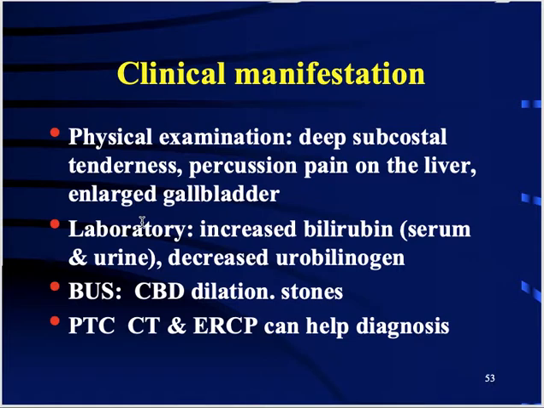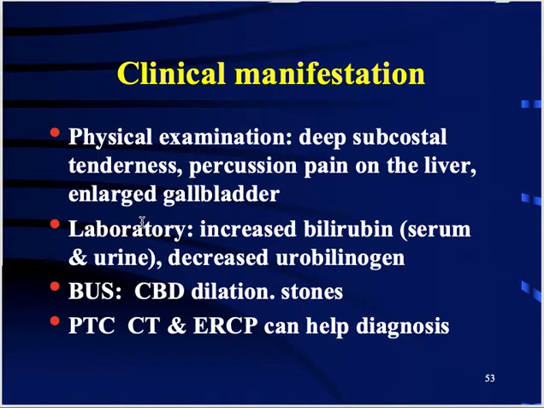So, talking about the investigations, for example, we will do the bloods. Whenever we investigate any patient, we go for the most commonly performed, basic, less interventional tests, and then we move towards the more interventional tests.